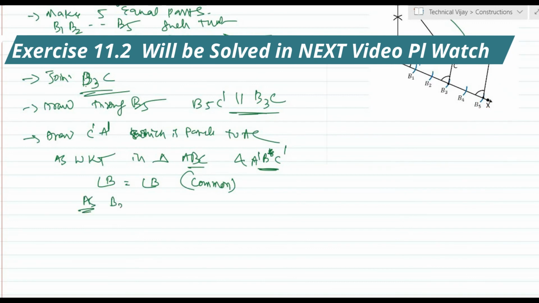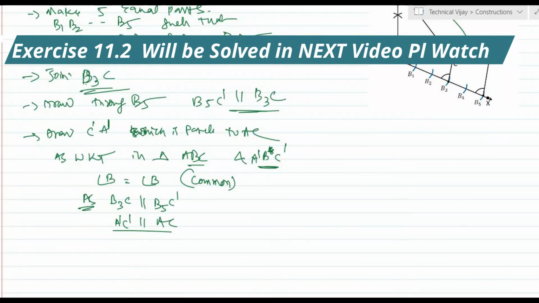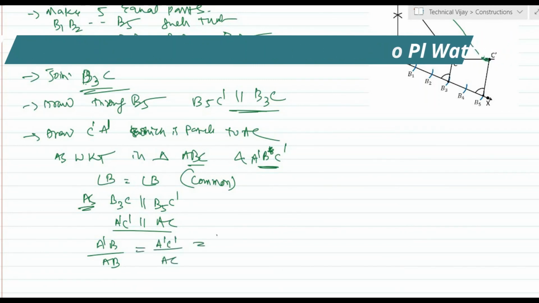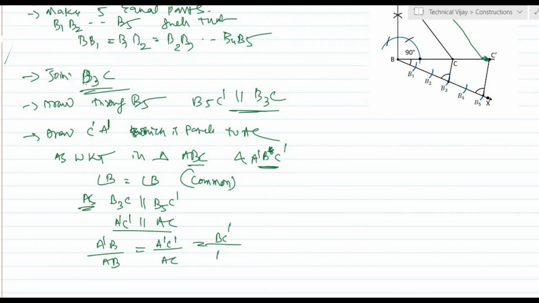By the basic proportionality theorem, we can establish this similarity criteria. Now, as B3C is parallel to B5C dash, and also A dash C dash is parallel to AC, hence A dash B divided by AB is equal to A dash C dash divided by AC, which is equal to BC dash divided by BC, and which is also equal to 5 by 3. So this is proved.